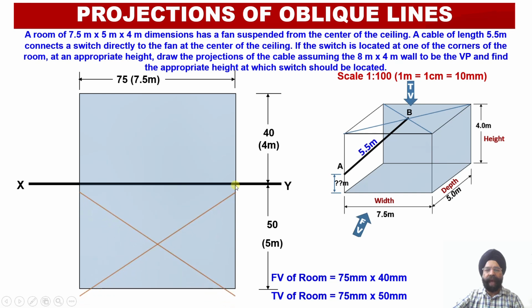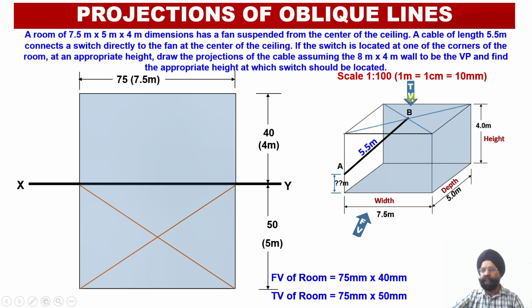The two diagonals of the ceiling we have joined over here. It means that when we look at this room from the top, point B will be projected in the top view at the center. So small b will be located over here. That is the top view corresponding to the ceiling fan, point B.